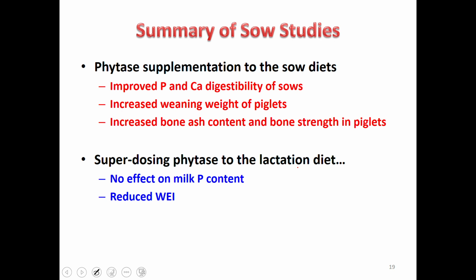And superdosing phytase supplementation in lactation diet did not increase milk phosphorus content, maybe because of the short duration of supplementation of superdosing phytase, but it reduced weaning to estrus interval. But we need further study to clearly demonstrate the superdosing phytase effect and its extra phosphorus effect in sows.